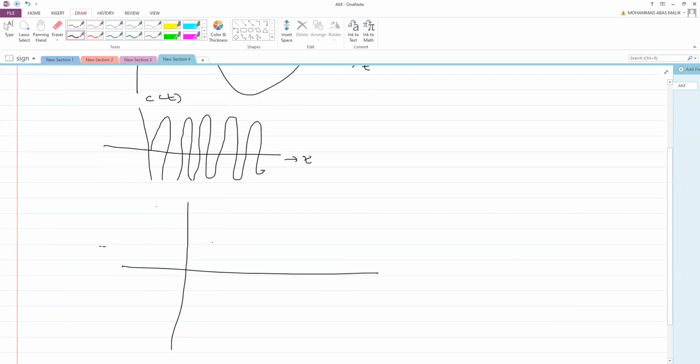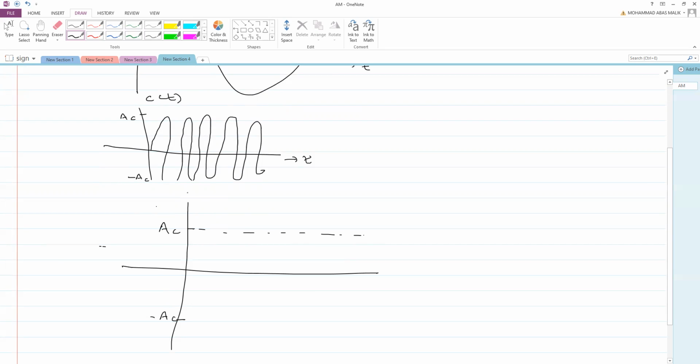This will be your AC. AC is your amplitude of carrier. This is your minus AC. That means its peak to peak amplitude is minus AC to AC, right?